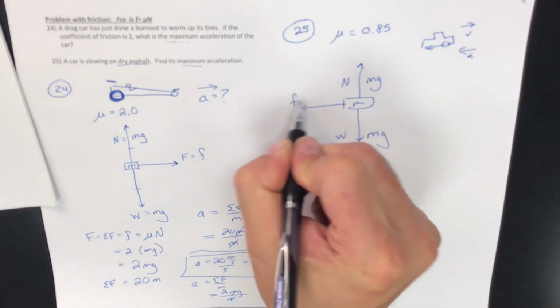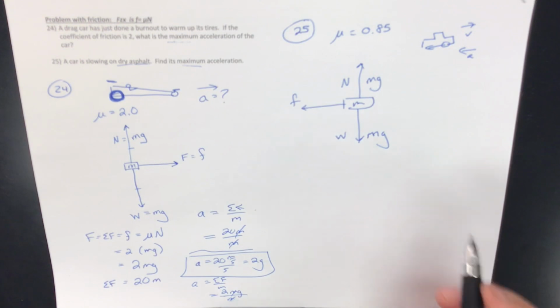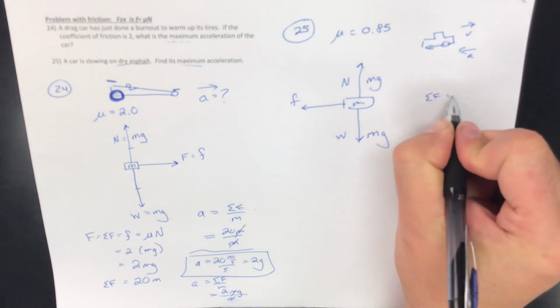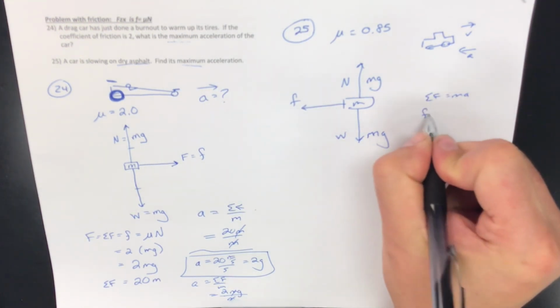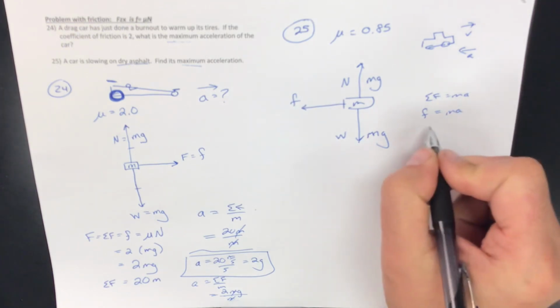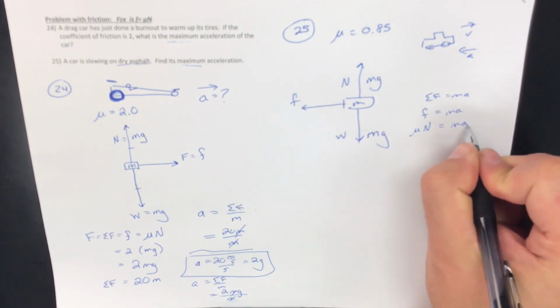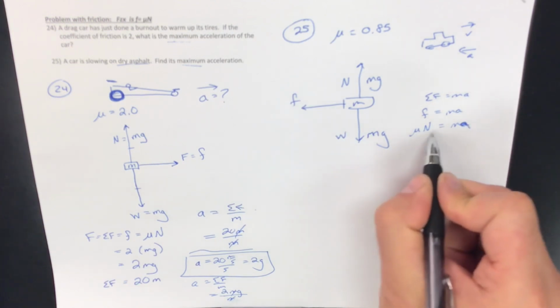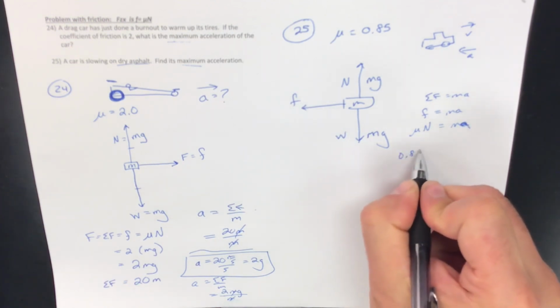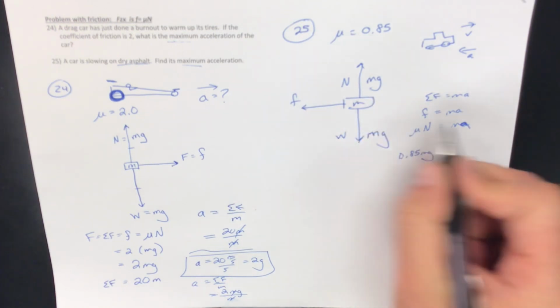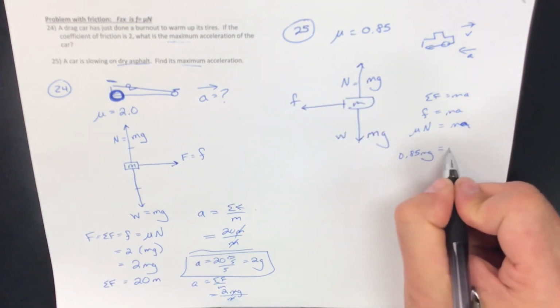Therefore, the friction force is opposite the motion. Net force equals mass times acceleration. Friction force equals mass times acceleration. Coefficient of friction times normal force equals mass times a, that's acceleration, not g. The coefficient is 0.85, and mg is the normal force.